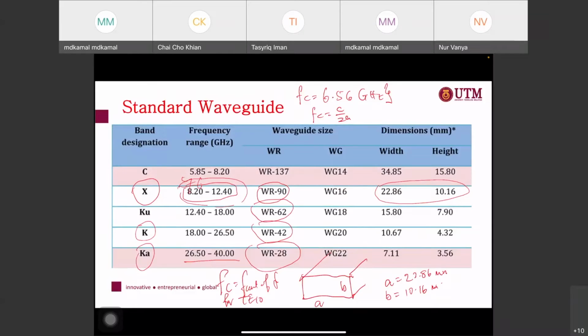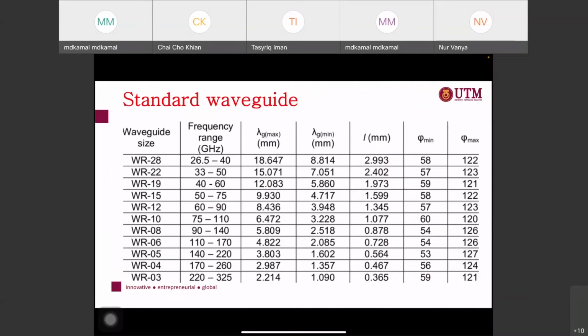WR28 is here, the Ka band. This is the range of it, and then WR22, and you can see WR3. The lower the value, the higher the frequency range, because the guided wavelength is going to be smaller and smaller.